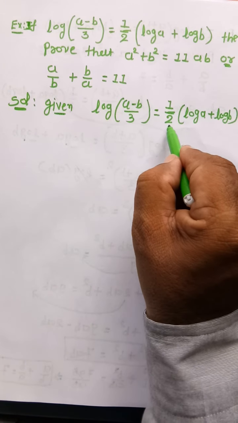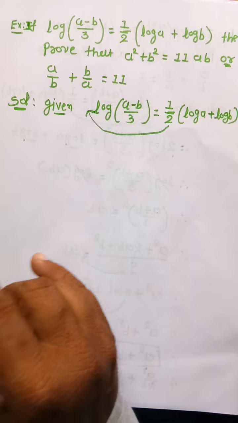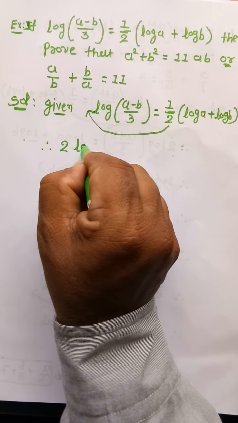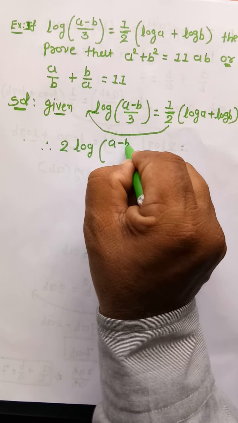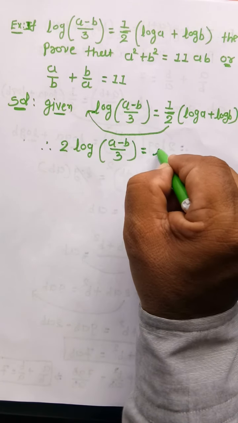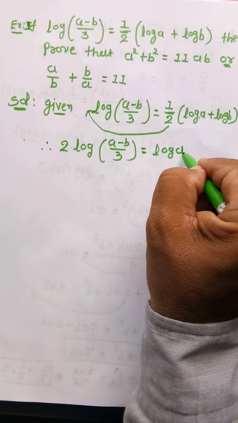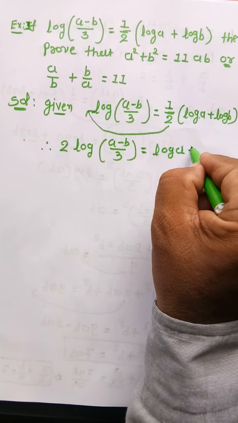Now here 2 is in divide, then other side 2 is in multiplication. So 2 log (a minus b) by 3 is equal to 1 multiplication log a, that is log a, plus 1 multiplication log b, that is log b.